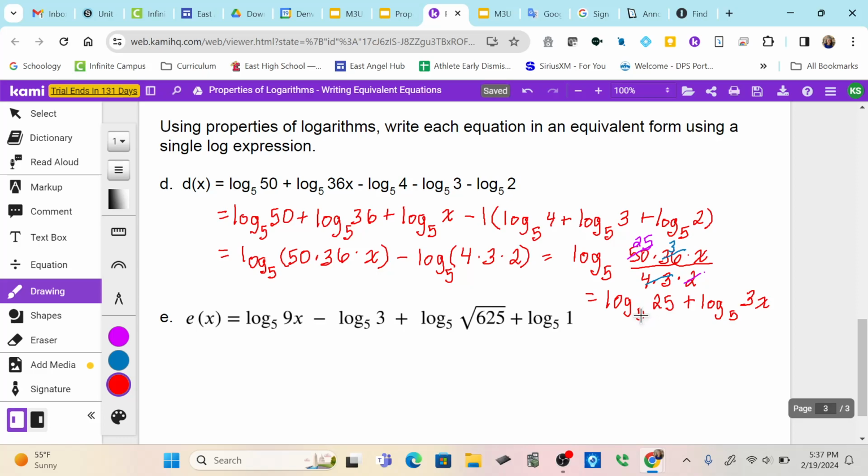Again, we know that the value of log base 5 of 25 is going to be 2, because 5 to the second power is 25, added to log base 5 of 3x.